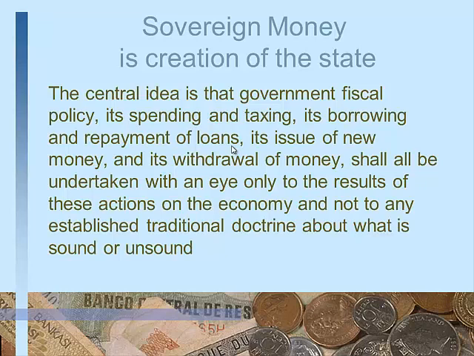And functional finance means that government fiscal policy, which is the spending of the government and the taxation of the government, and its borrowing from private banks, and the repayment of loans, and the borrowing means selling of T-bonds, and the issue of new money, and the government can also destroy money when loans are repaid. The money is extinguished.